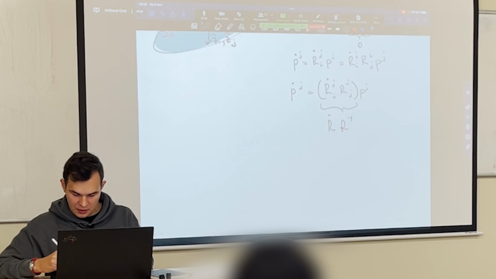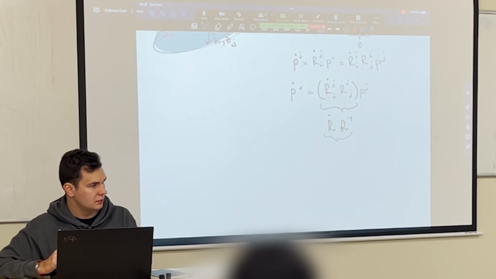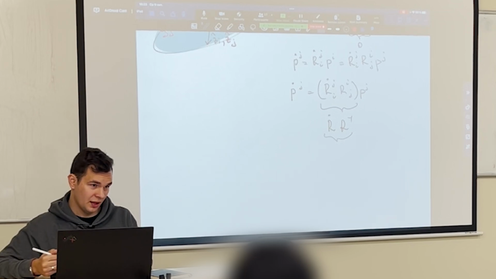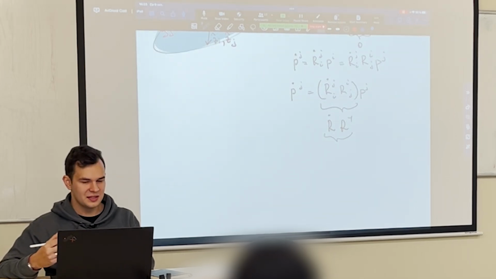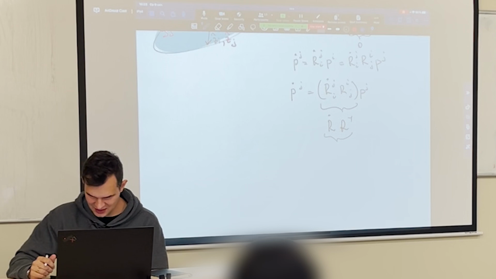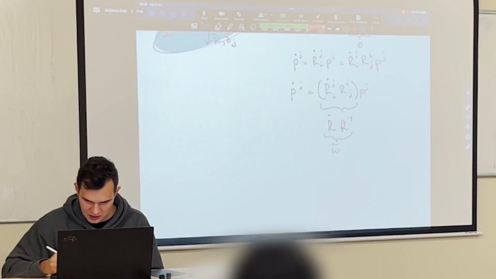So what will be the dimension of this matrix? 3 by 3. A lot for the angular velocity, right? Yeah, but it's skew symmetric, and it is denoted with this tilde.